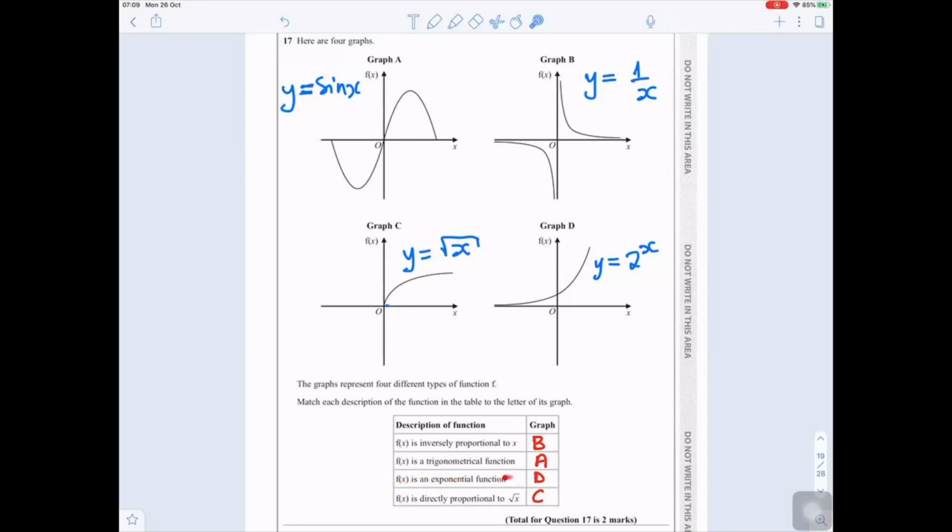F of x is an exponential function. An exponential function is D, which is increasing fast, for example y equals 2 to the power x. F of x is directly proportional to the square root of x. The answer is C. That's the square root of x type shape of a graph.